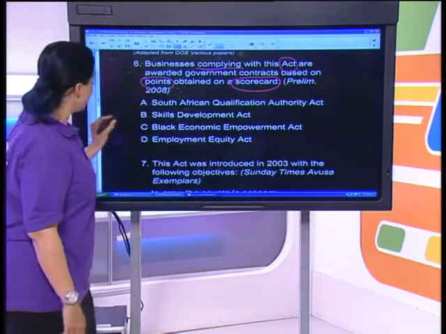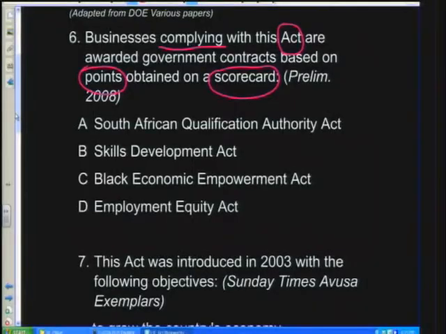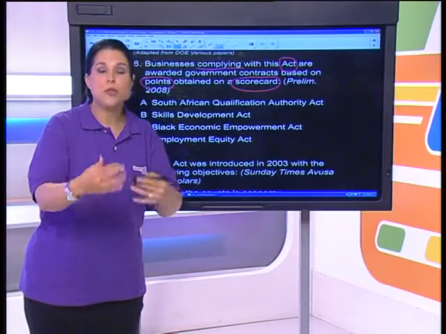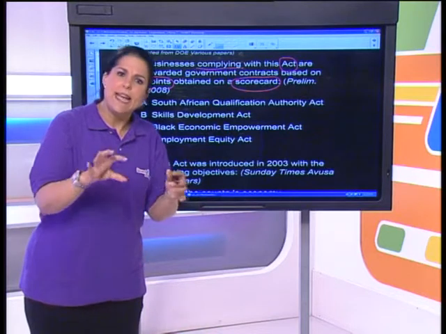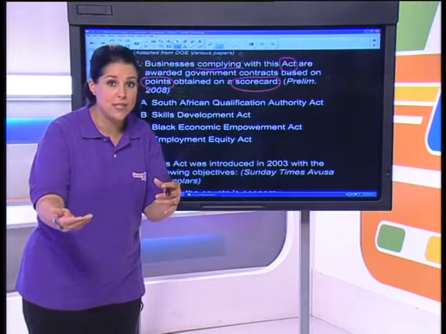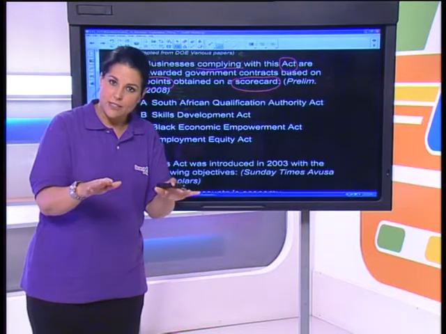So let's have a look at the options here. The South African Qualifications Authority Act. This is SAQA. Now, think back. What is SAQA? They ensure that all of our courses, tertiary courses, colleges, anything where you go to further your education or get a new skill is up to standard.